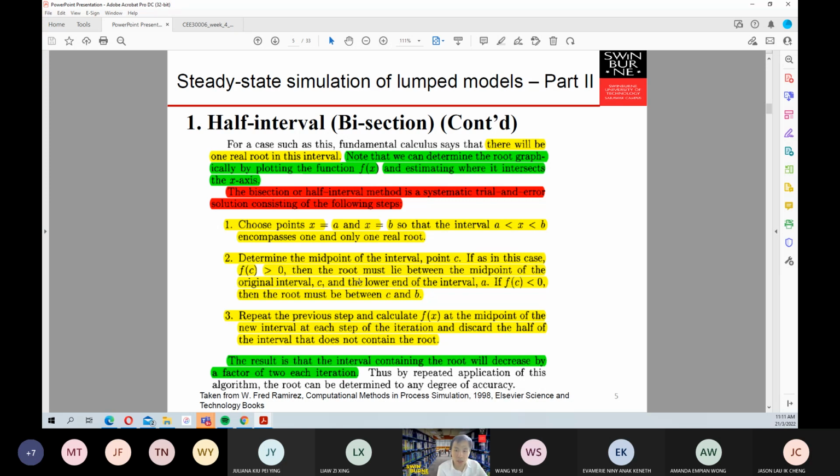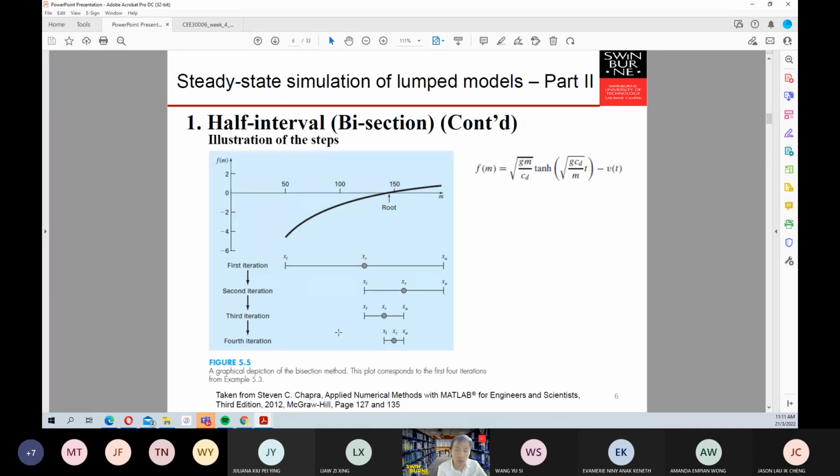If the function of c, the dependent variable, is negative, then that will replace the previous independent variable that gave a negative value. Then you repeat again, and you will go closer to the root. This will be better if you see it in terms of an example. So let's say you have this kind of function.